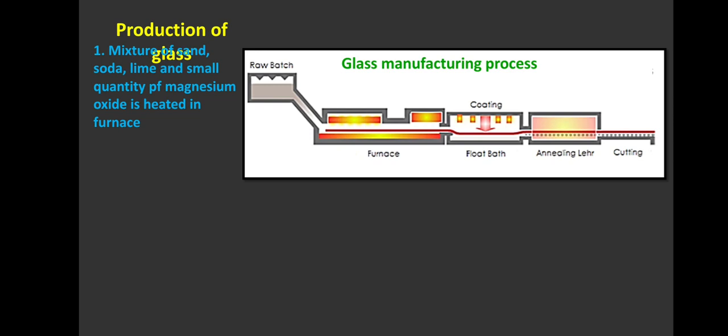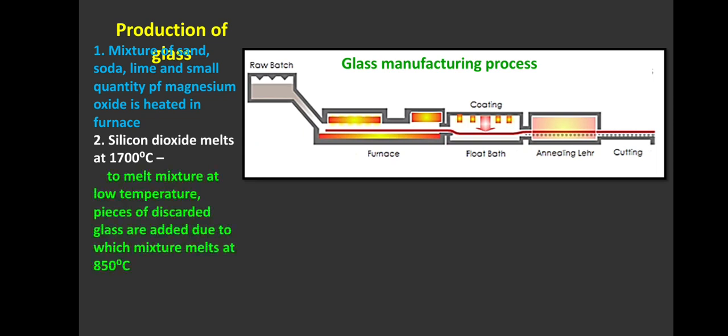This sand, that is the silicon dioxide, melts at 1700 degrees Celsius, which is very high. Yes or no? So to melt this mixture at a lower temperature, pieces of discarded glass are added, because of which the mixture then melts at 850 degrees Celsius. Okay, so this is how it happens.